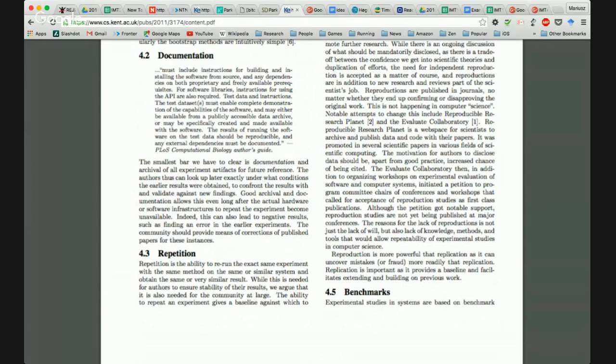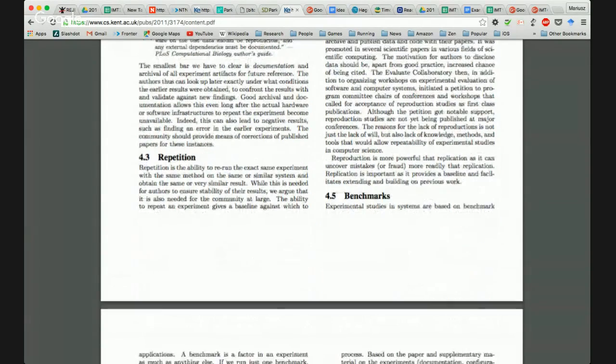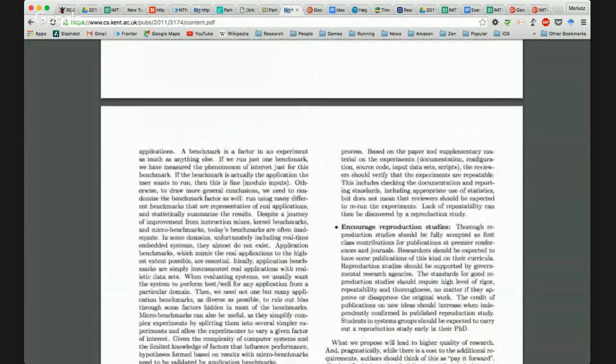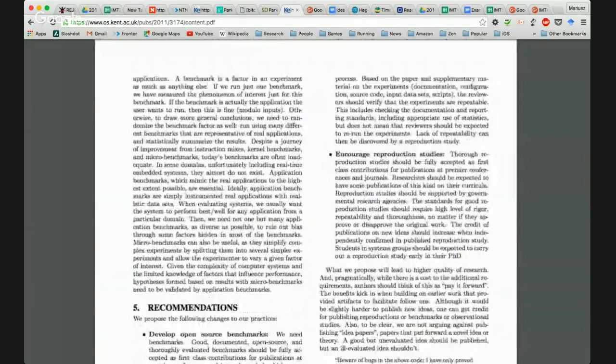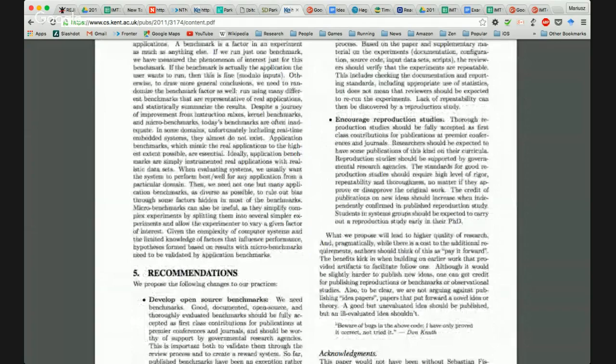They spent time on benchmarks, from section 4.5 onward. So why do we use benchmarks, and what are the weak points of benchmarks? There are 2 types of benchmarks. You get a normal kind of benchmarking, like I want to buy a new gaming GPU.